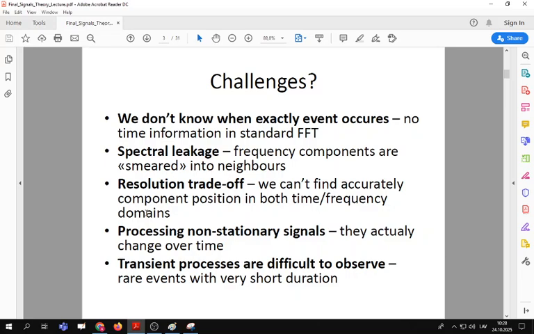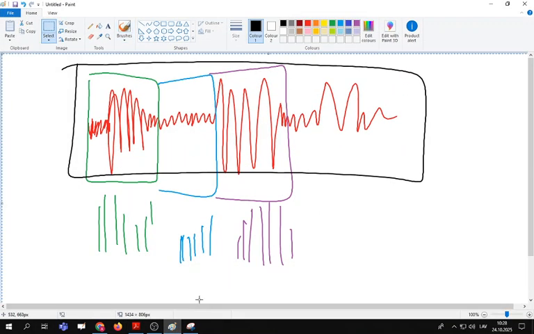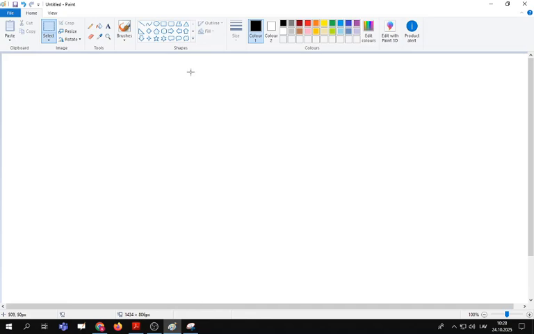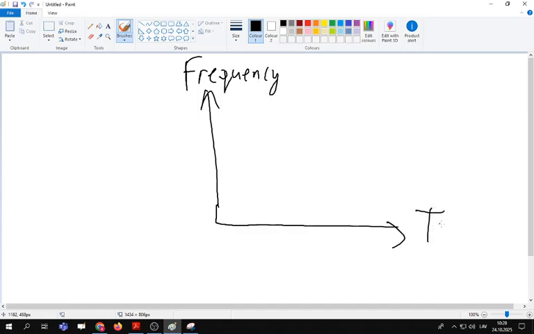in two domains. Yes, so basically on one axis we will have frequency. On the other axis we have time. And of course, ideally, we do want to have very accurate time and also very accurate frequency.